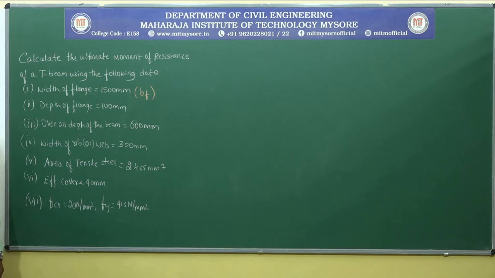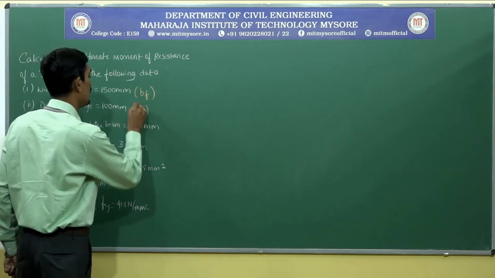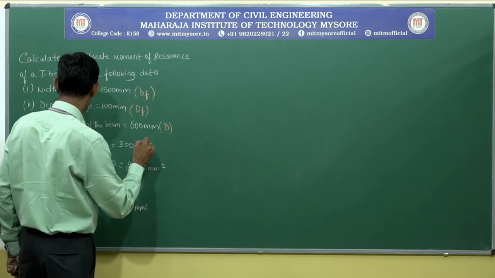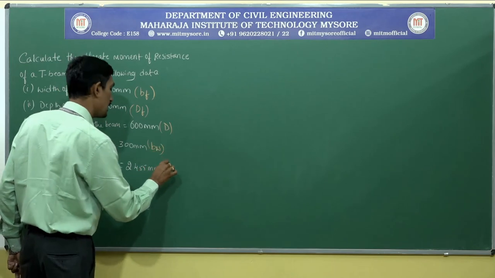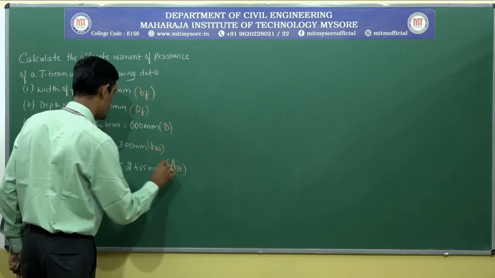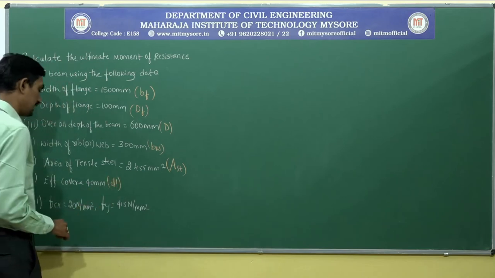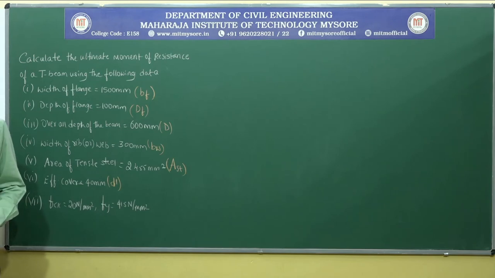Next, depth of the flange DF, overall depth of the beam capital D, width of a web BW, area of tensile steel AST, effective cover D dash. So these are all the things they have given in the problem.